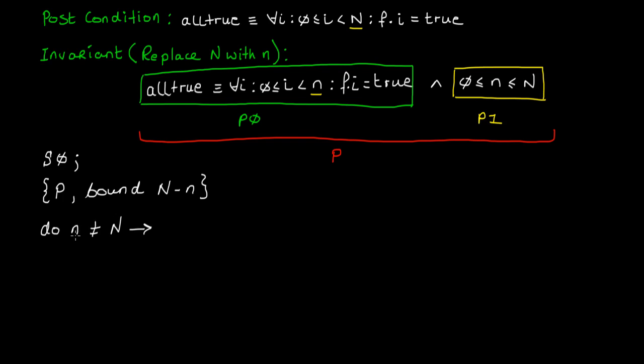So as long as small n starts somewhere at the beginning, and as long as that is not equal to large N, that means we've still got something left to process, so the loop will continue. As soon as small n reaches large N, the loop will stop and we'll stop processing.